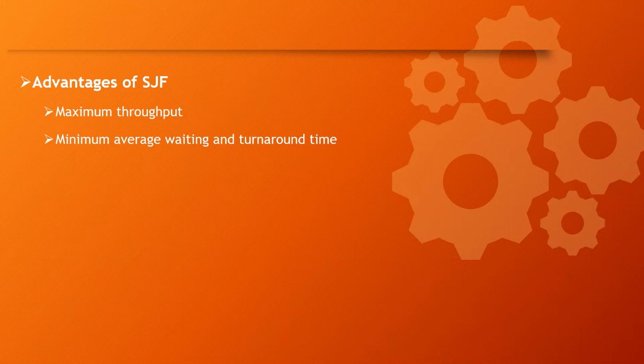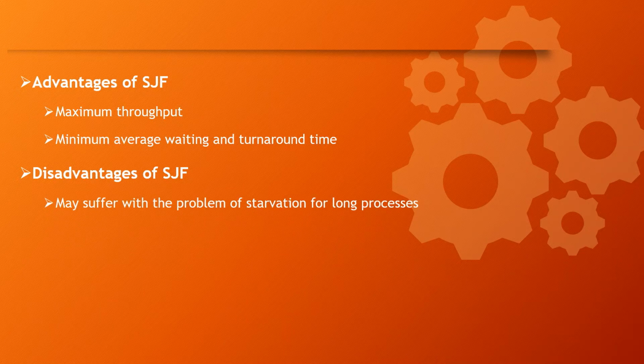So what are the disadvantages? It may suffer from the problem of starvation. Once again, I am telling you starvation may occur in SJF also. Why? Try to understand: if many short processes keep coming into the ready queue, and some long processes are there in the ready queue, they will wait for a long time, as at a particular time the criteria is to pick the shortest job.